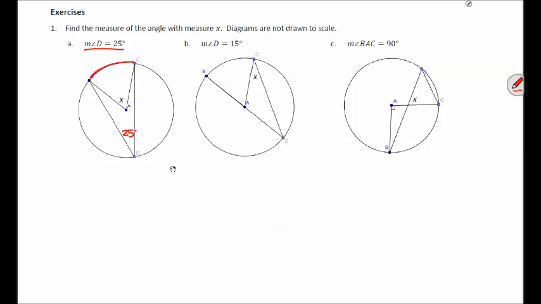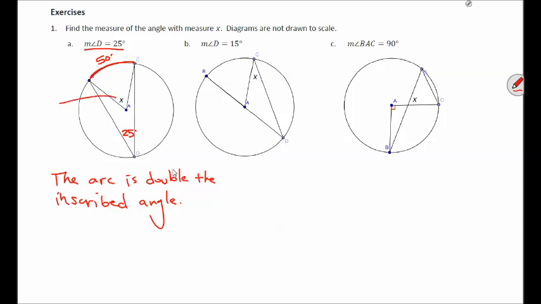Okay, now that means that the arc will be double the inscribed angle. So this arc, I lost the letter B, C, must be 50 degrees, and X is a central angle, which is the same as the intercepted arc, and so X must also be 50 degrees.